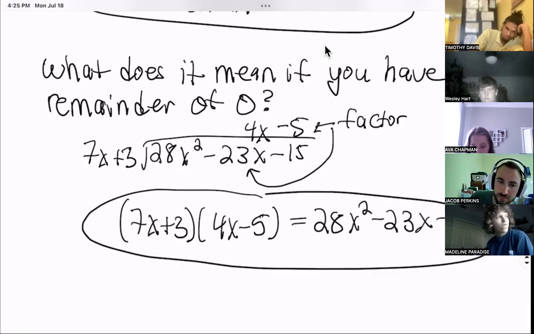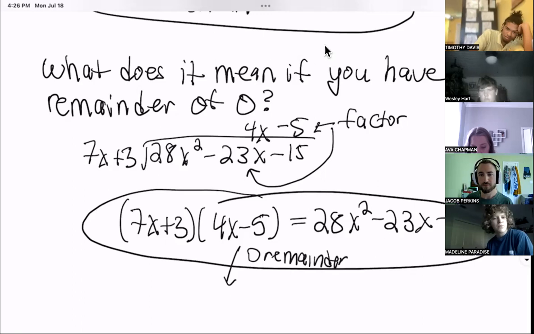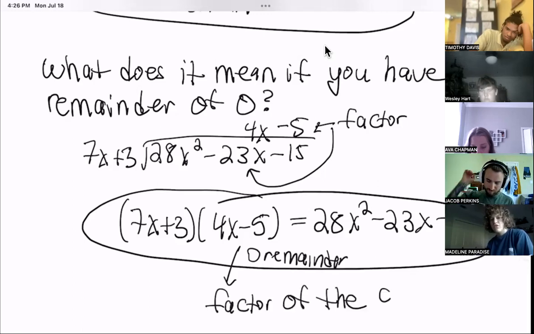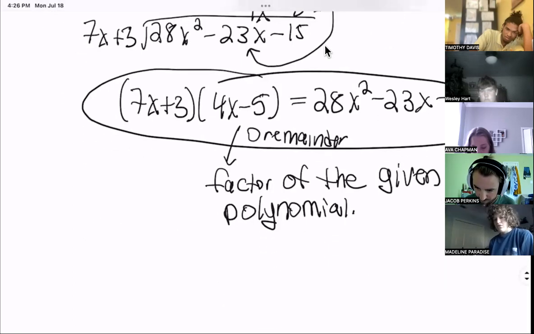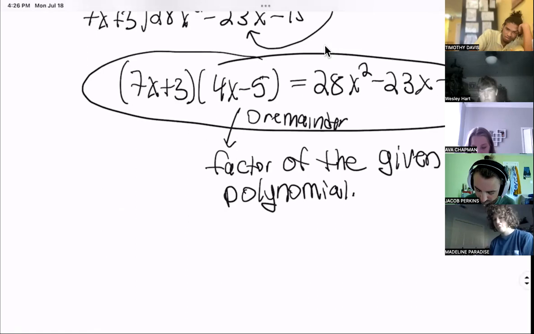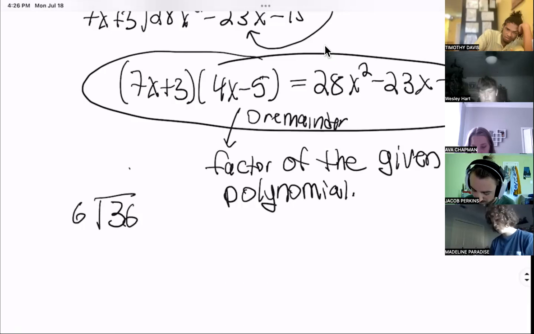They are factors. So when you have a 0 remainder, it means you have a factor of the given polynomial. In other words, it divides evenly. Again, just to put it in terms of a number, if I have 36 divided by 4, let me make it easier, 36 divided by 6 is 6.